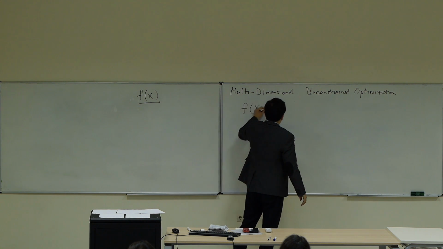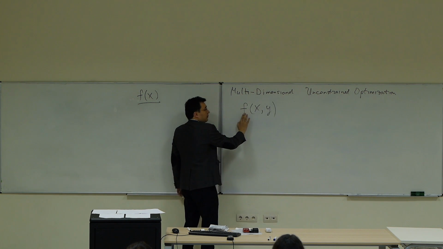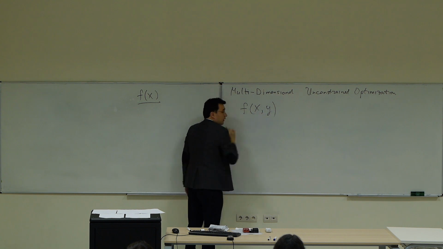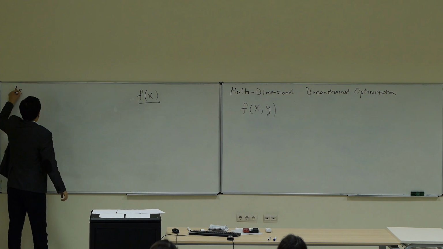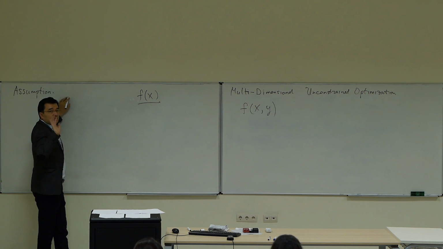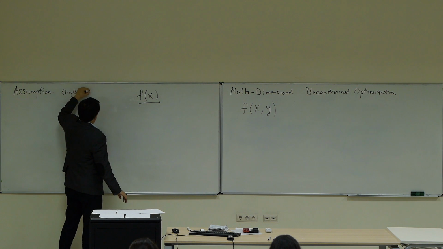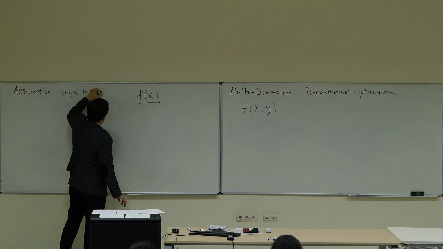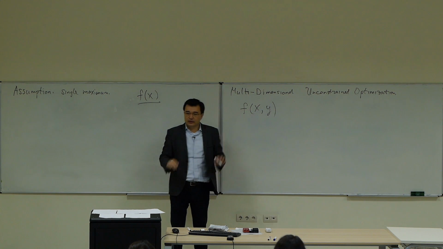So I'll be looking at the maximum of a function of two variables, f of x and y. Like last time, we are making an assumption: for the moment, we assume that our function has only a single global maximum.